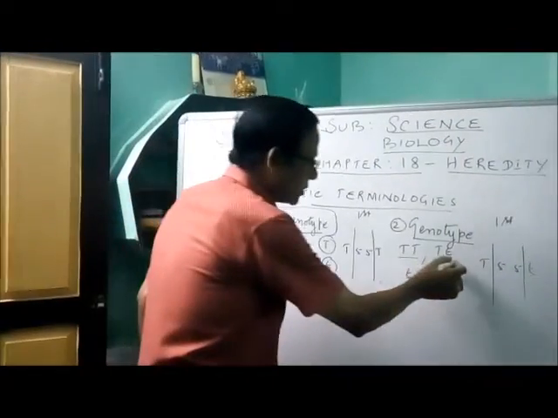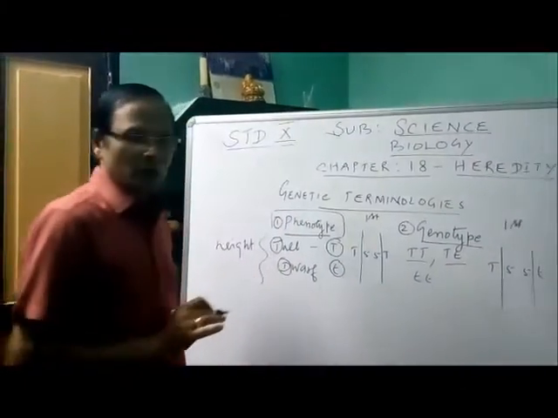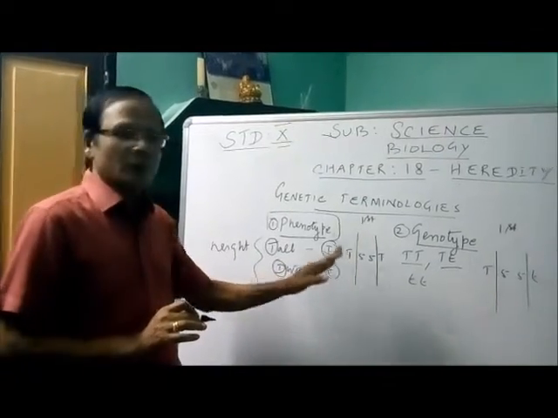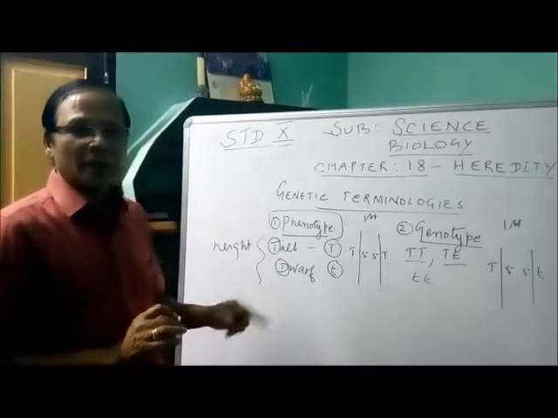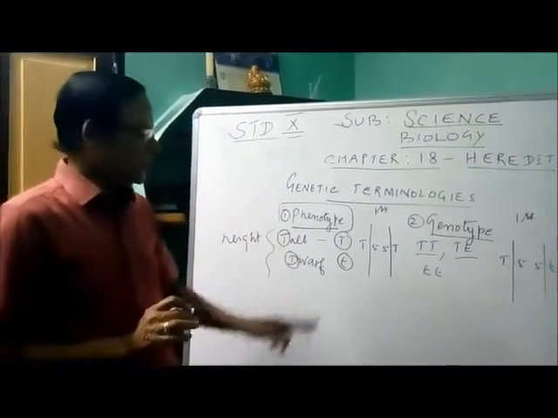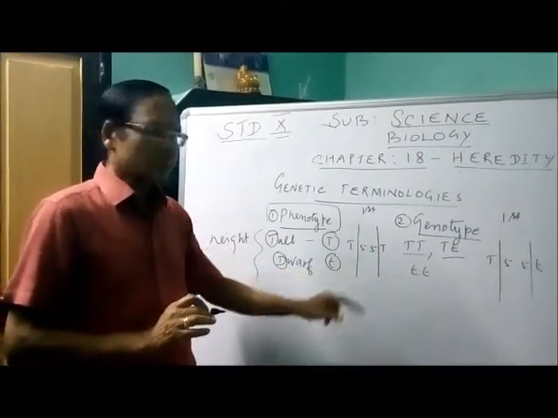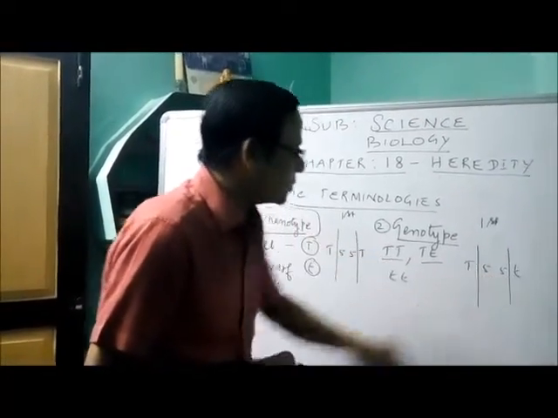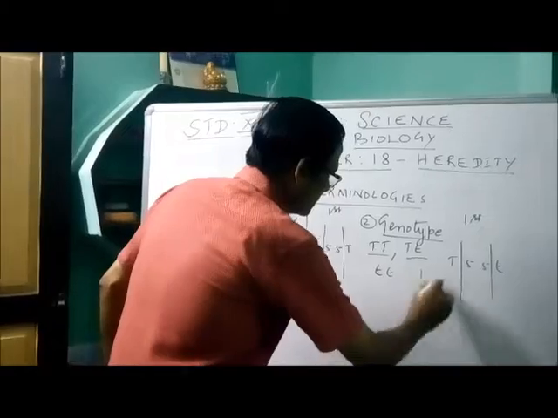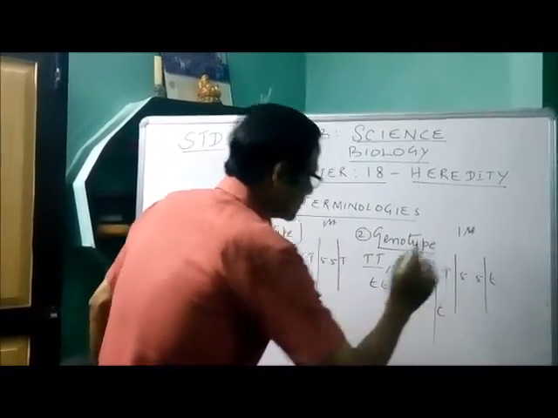At a particular locus, only a particular gene is present. Here the T gene may be capital T or small t. In both the chromosomes we may have capital T's. Or one chromosome has capital T and the other has small t. Or in both the chromosomes we have small t's.